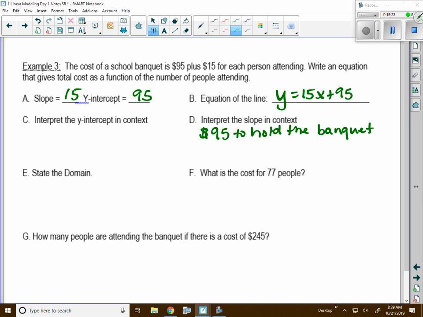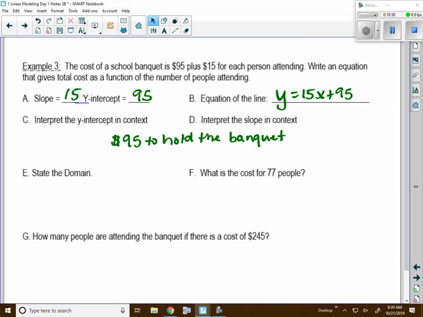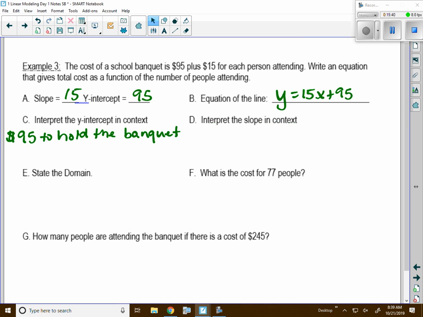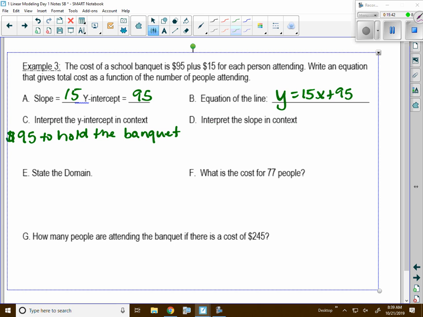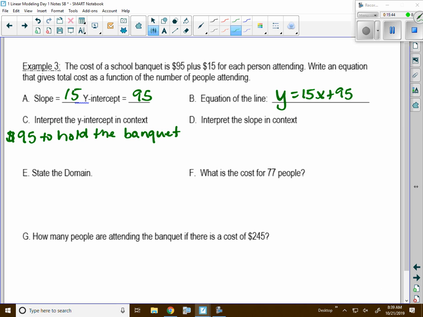Wrong spot, shift it over. That was an easy change. Okay. What about the slope? What does the slope mean? $15 per person.